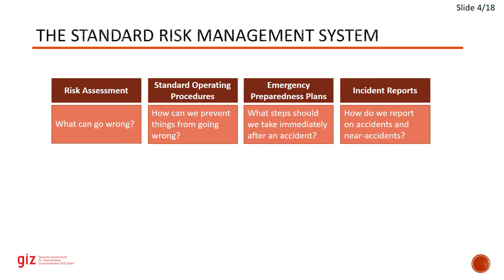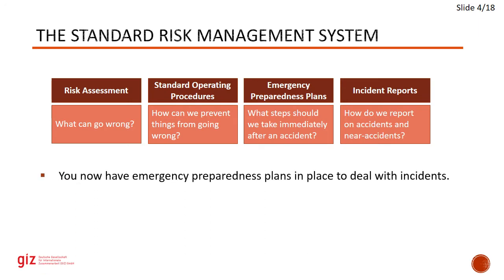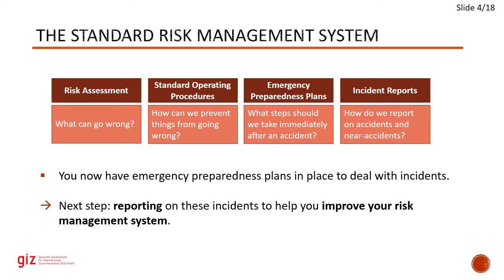So here we have our standard risk management system again. You now have emergency preparedness plans in place to deal with incidents. The next step is reporting on these incidents to help you improve your risk management system. That brings us to incident reports.